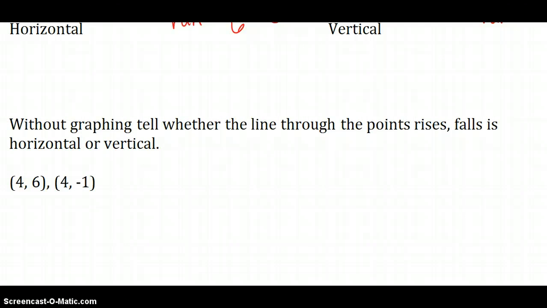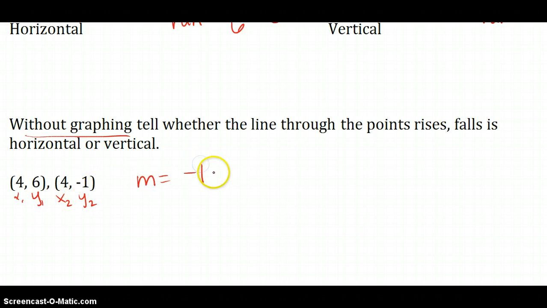So if we're not graphing at all, without graphing, we're supposed to tell between the line that goes between these 2 points if it rises, falls, is horizontal or vertical. We can tell that just by looking at the slope. If you're having trouble with this, you can always label your points x1, x2, y1, y2, and then fill in your formula.